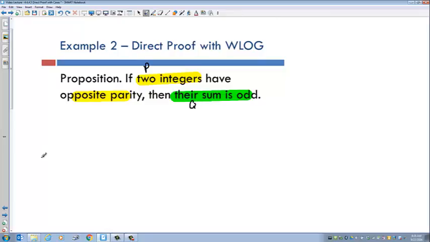And so to prove this, if you look at a proof of this, you may see something that says WLOG, which, remember, means without loss of generality.